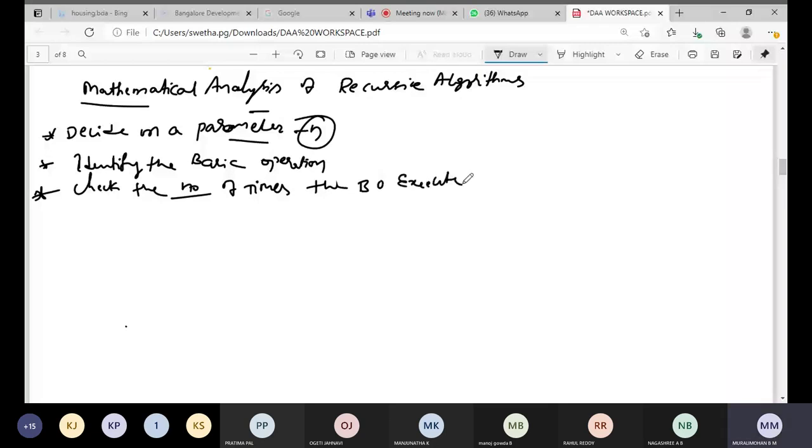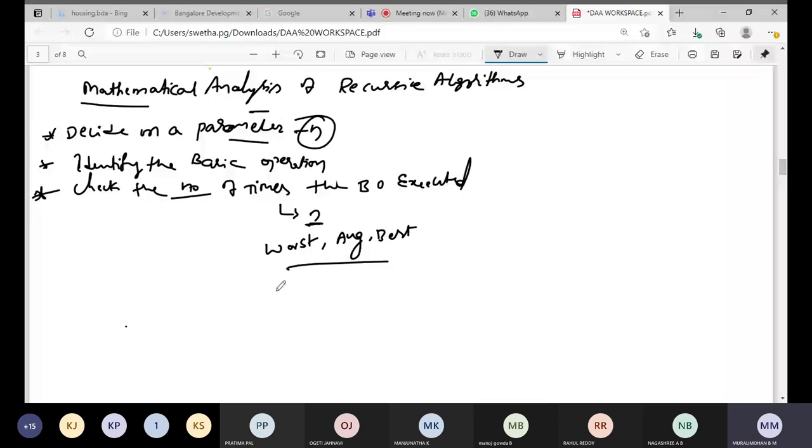Suppose the number of times the basic operation is executed depends on n, which means it varies for different inputs. Then we should analyze the worst case, average case, and best case separately.